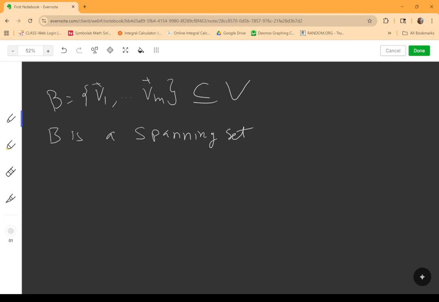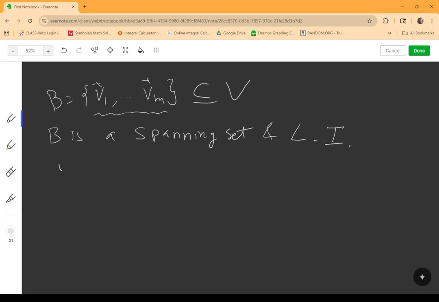We have a set B, v1 through vm, a subset of a vector space V. B is a spanning set. So again, what that means is I can write any vector in V as a linear combination of these. B is a spanning set, but it has an additional property: B is a spanning set and linearly independent. So it has those two qualities that define it.